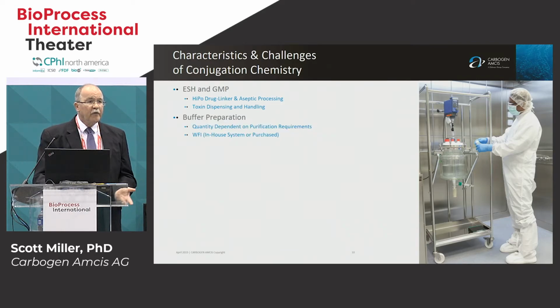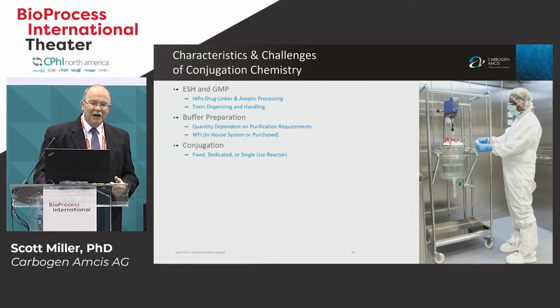You have your buffer preparations, which involves aseptic manufacturing, WFI, water for injection, not Wi-Fi, which I've referred to before in a previous talk. So your supplier should have Wi-Fi and WFI in case you're concerned about that.